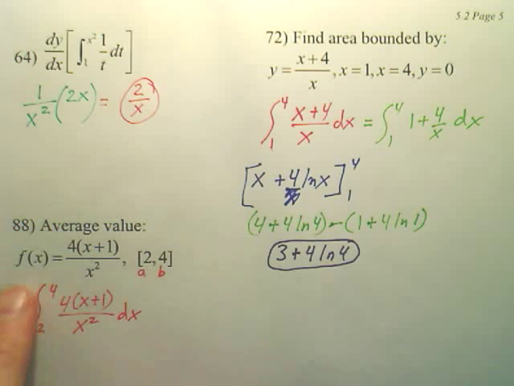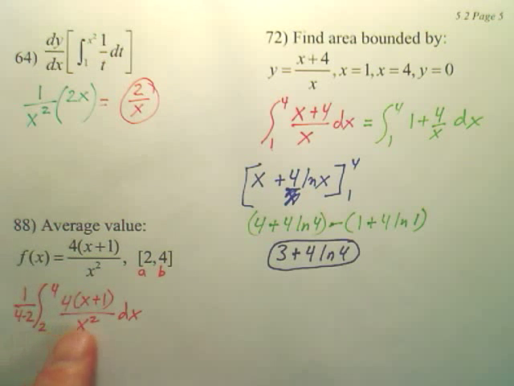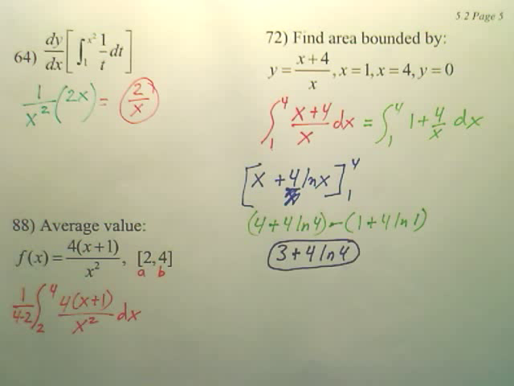If I do this, 1 over 4 minus 2, that's the average of the whole area. This is averaging the area, basically dividing by 2, because the width of the shape is 2.